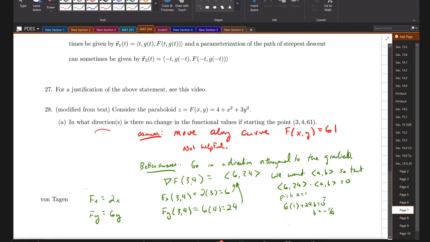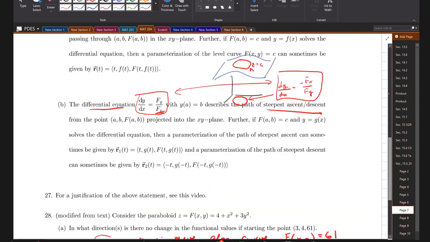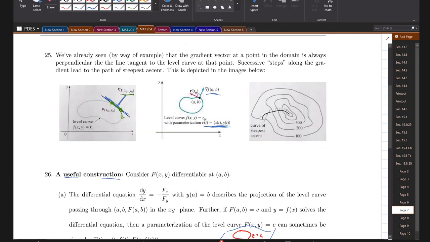So one direction we could head is to head in the direction of 1 comma minus 1/4. Another that we could head is in the direction of minus 1, positive 1/4, heading in the opposite direction. So one of those corresponds, in our picture here, to this vector, one of them corresponds to this vector.